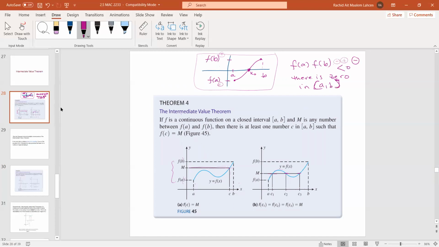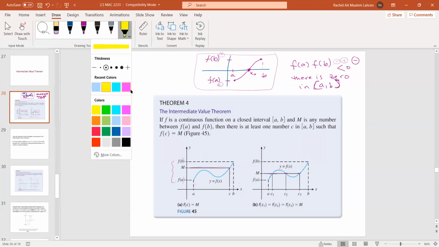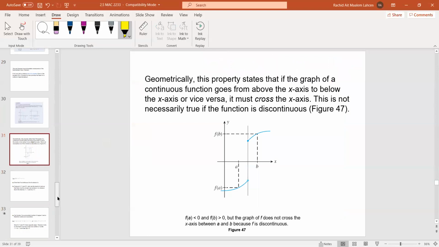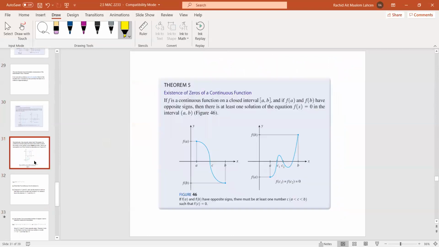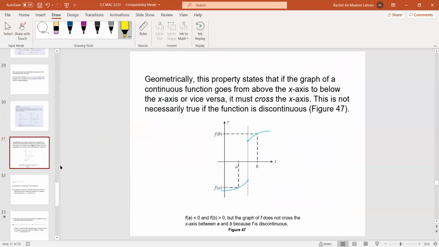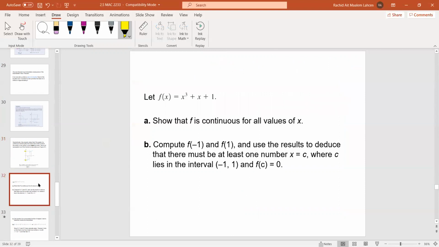That's why the intermediate value theorem uses the idea that if a function is continuous, which means it doesn't break and doesn't jump, then this is going to happen. You see f of a, f of b; if there is a jump or something, then we don't apply it.